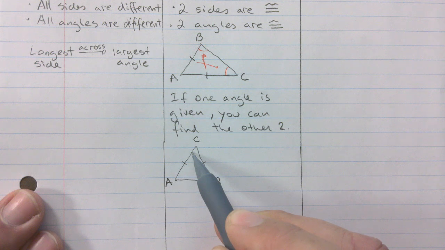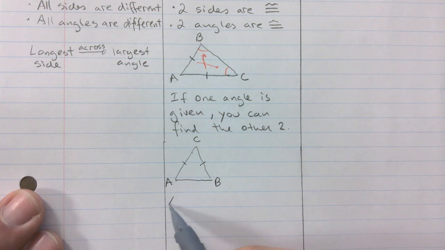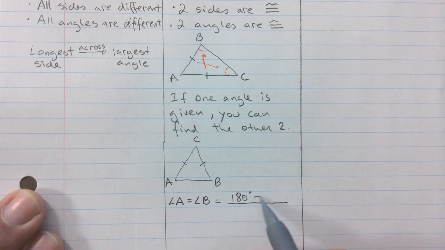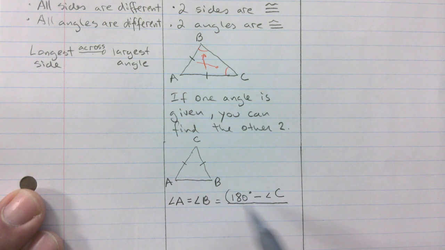If C is given, then angle A, which is also the same as angle B, can be found by going 180 minus angle C, all of that divided by 2.